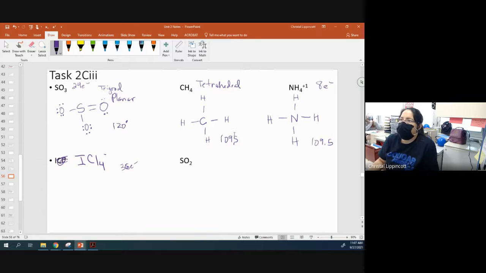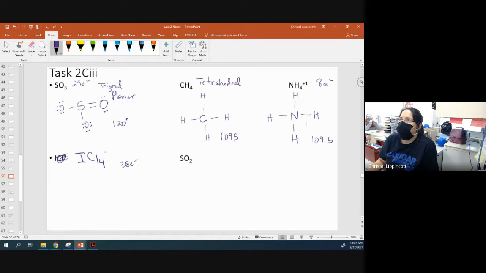Do we have to draw it like this? For the next one, ICl4, do you want us to draw it a certain way? The way I drew it was my chlorines coming off here, and then my lone pairs of electrons here and here. You want to balance it as much as you can.